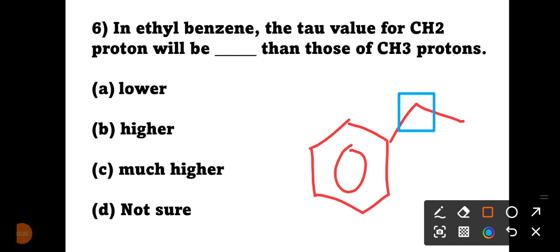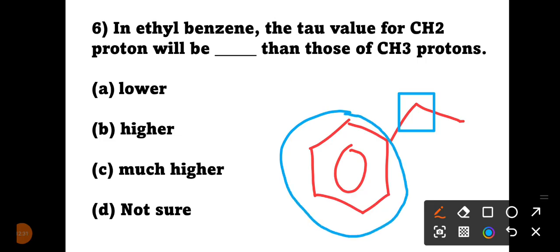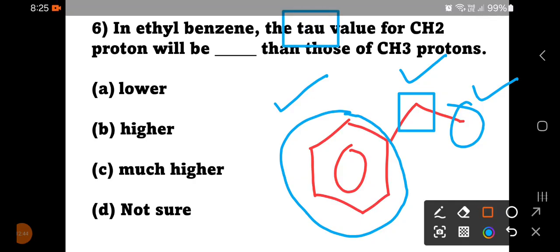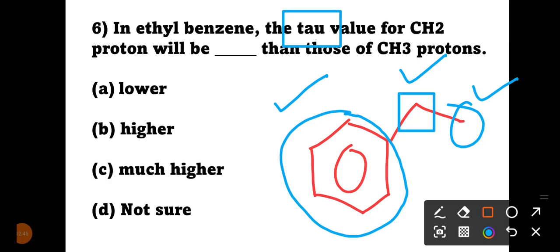Everything clear till here, right? CH2 gives a higher delta value than the CH3, but the aromatic proton has the highest value, then CH2 is second and CH3 is third. But that relates to the delta value. What they are asking is the tau value, and that is totally opposite.